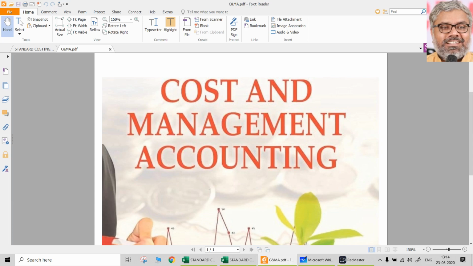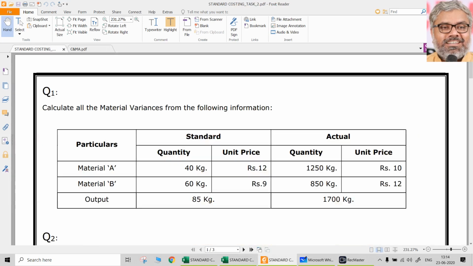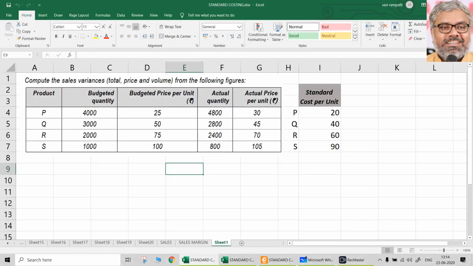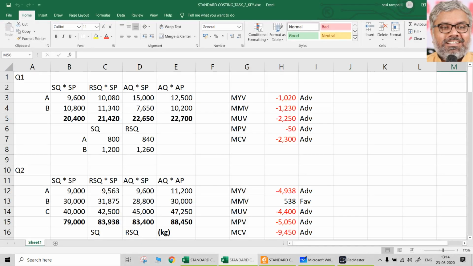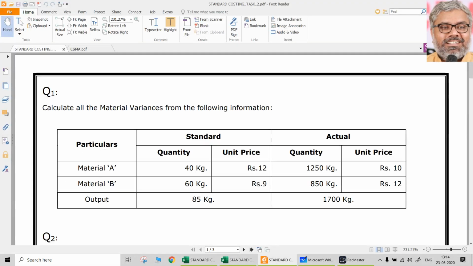So let us quickly go through the recent task on standard costing that was given to you and the solutions for that task which were already forwarded. However, in certain areas, how the calculations have been done, there were certain doubts on that. Let us quickly go through them.